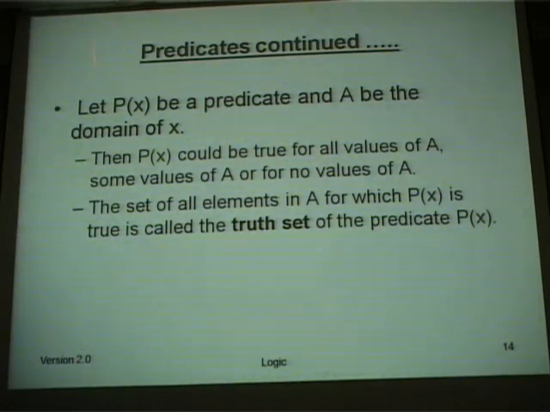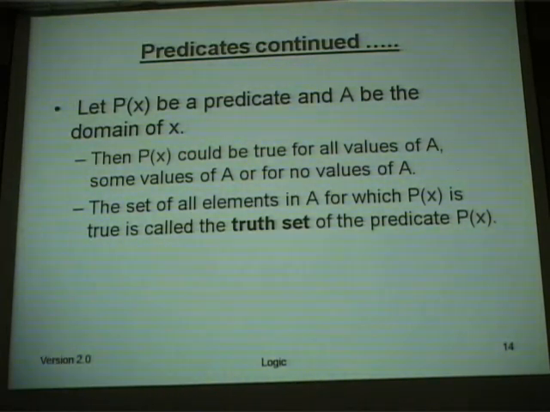No, this involves only one variable, right? So let's take this one. P(x) is a predicate defined on this domain. This can be some range of values. Take in general A. Then P(x) could be true for all values of a, some values of a, or for no values of a.